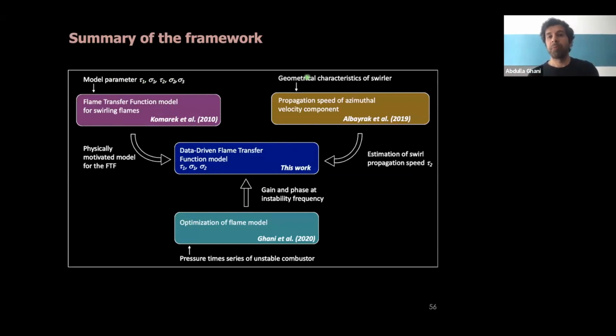There are ways to use analytical approaches to estimate some of these parameters, and we can give some kind of a constraint to these parameterized flame transfer function models by giving the information that we have for this one specific frequency, which is the work of 2020. All of this together cooks this new model.